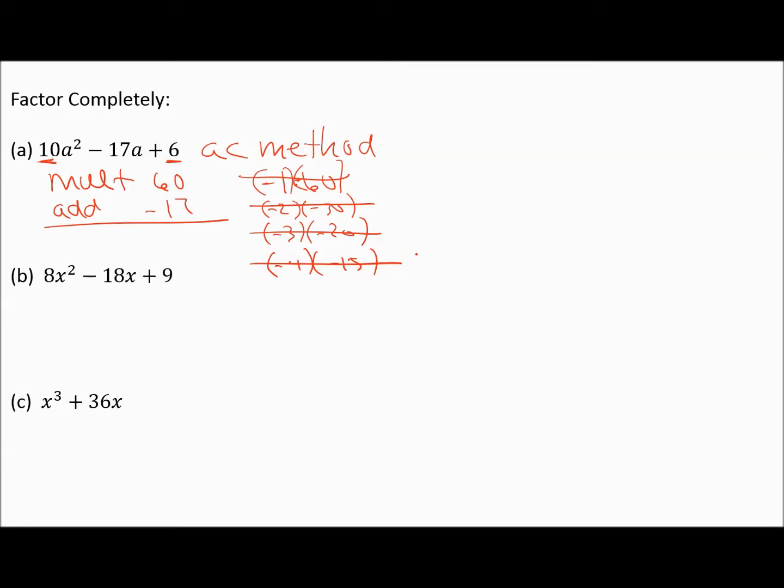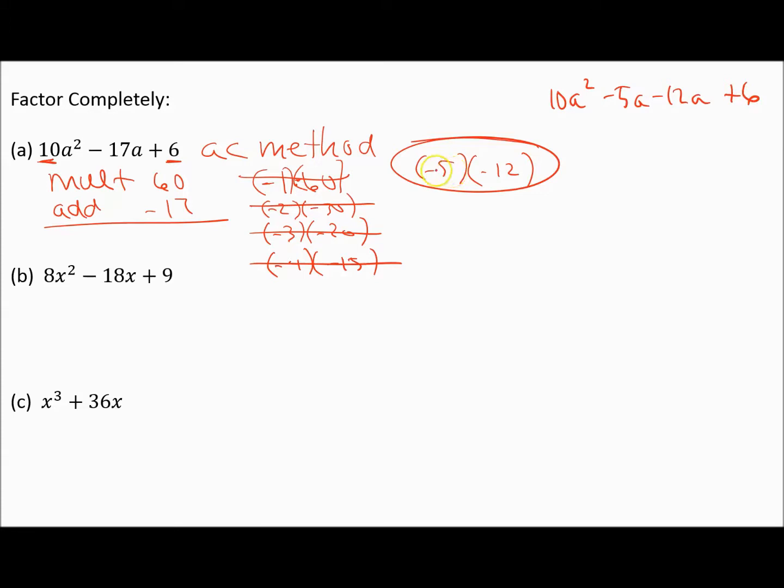I'm getting a little concerned about this one. Negative 5. What do we multiply 5 by to get 60? 12, right? We've got it. Negative 5 and negative 12 is our winner. So I rewrite this problem as 10a squared minus 5a minus 12a plus 6.